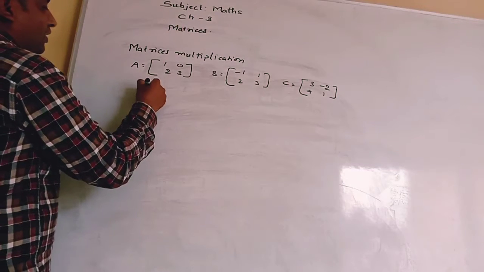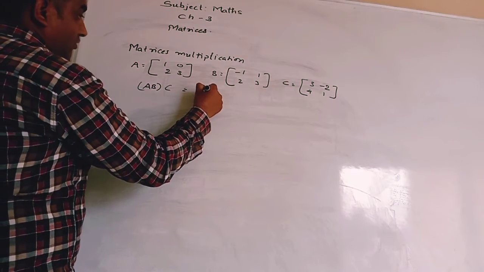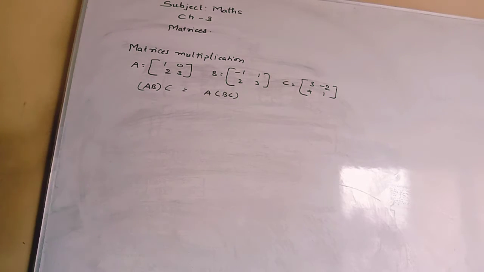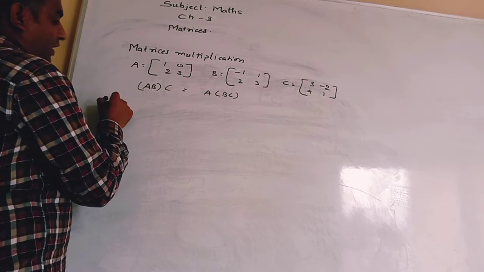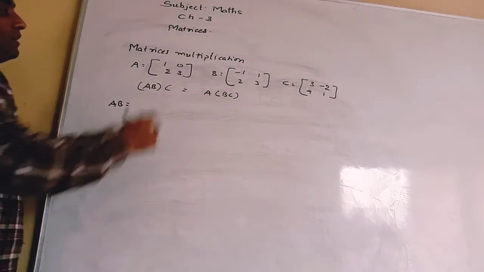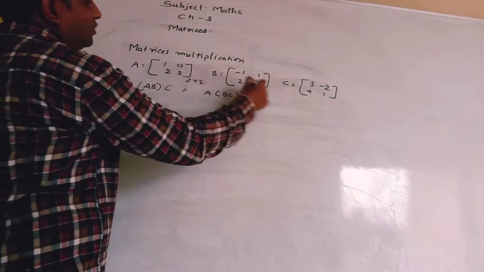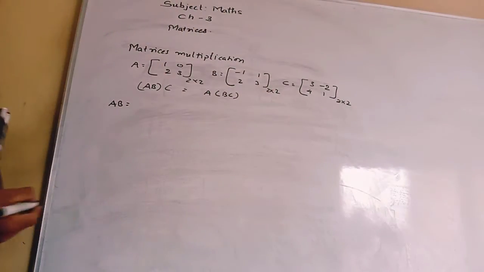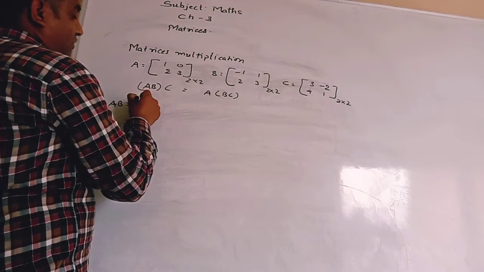Then is it true that AB into C is equal to A into BC? First we want to find out AB. A and B have the same order, 2 cross 2, so A into B is possible, and so we can find it.